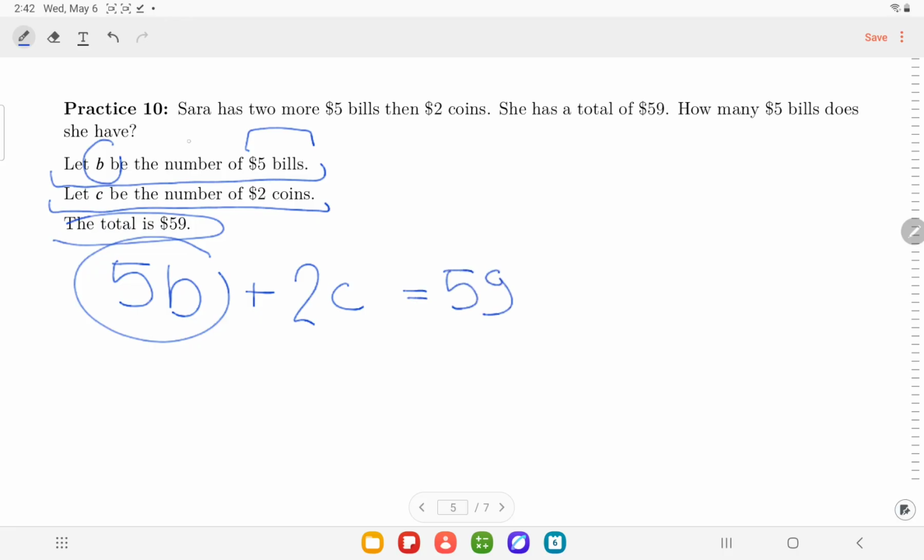And we also know that Sarah has 2 more $5 bills than $2 coins. So she's going to have more $5.